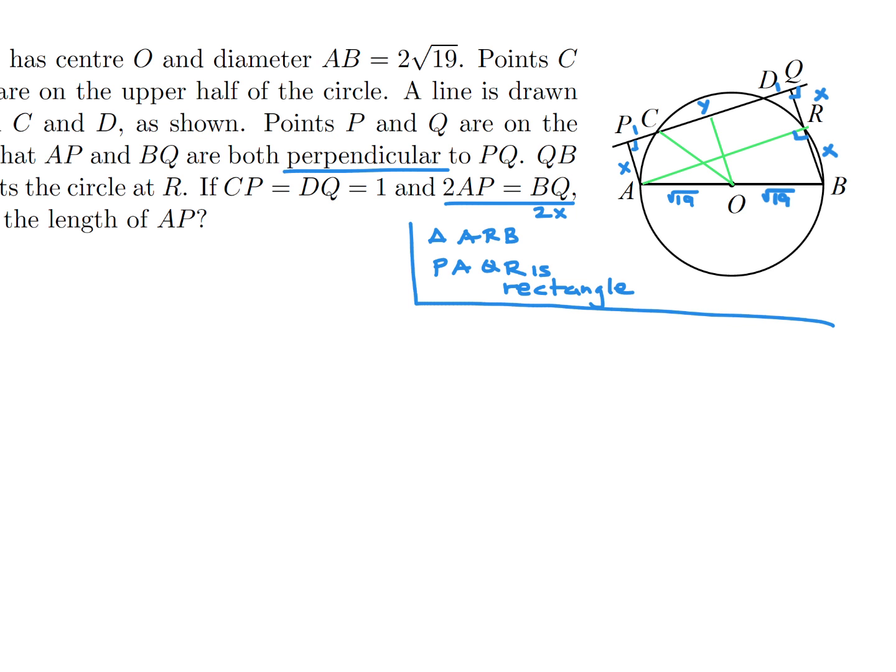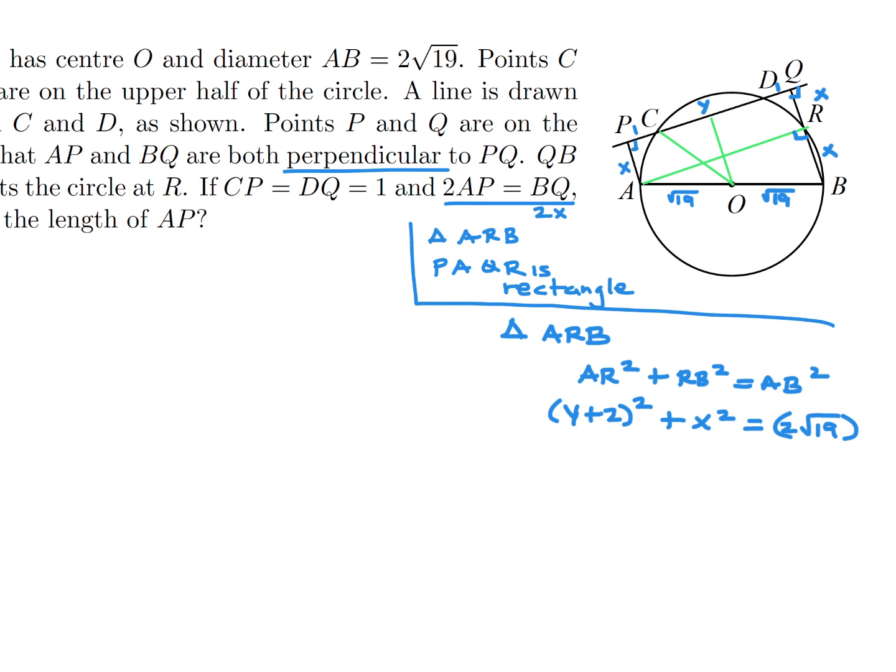For example, in triangle ARB, AR squared plus RB squared is equal to AB squared. AR is going to be the same as PQ, and PQ is y plus 2. RB is x, and AB is 2 root 19. Okay, yeah, I have everything.